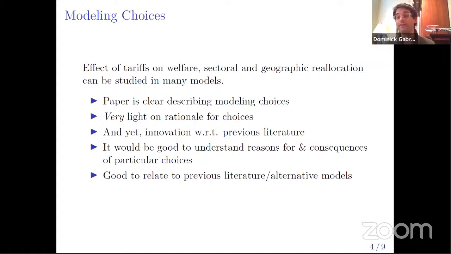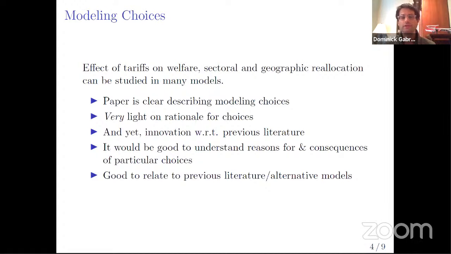And yet, there's a lot of innovation here relative to the previous literature. So it's not as though they can just say, well, we all understand the model and we're just going to apply it in this new context. I think we don't understand the model. It's a new framework bringing a lot of new assumptions and margins.